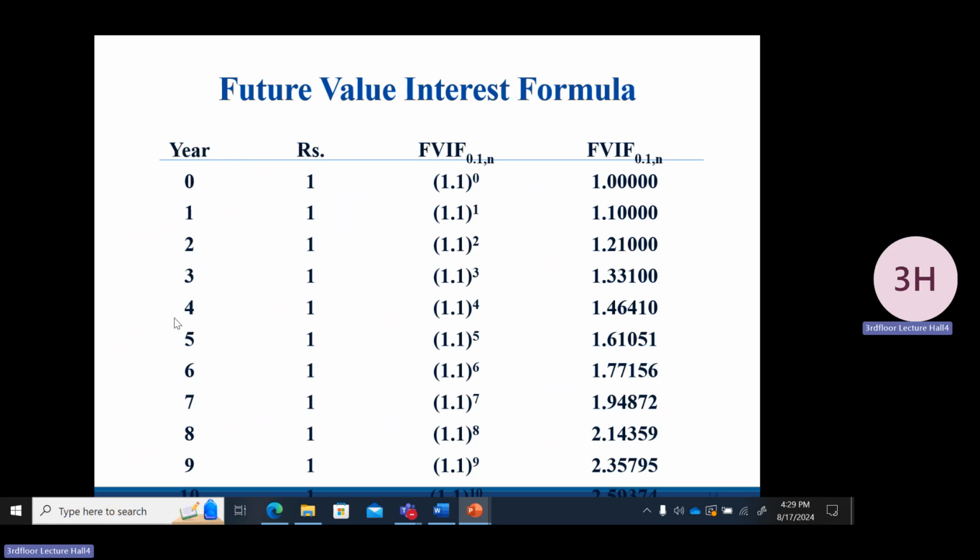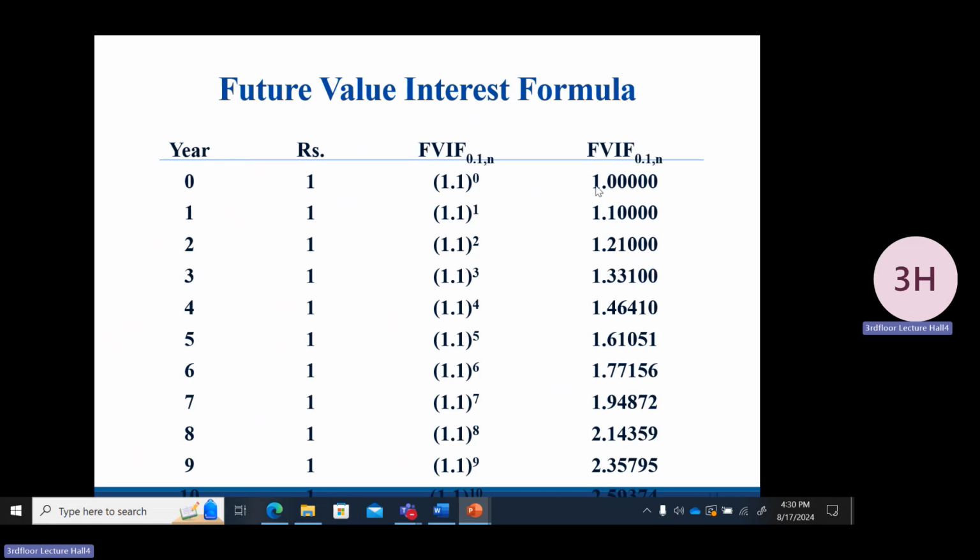Right. Now here, this is the factor extracted from the table for 10% for 10 years. So this is the future value interest factor. In Sinhala we call this the future value interest factor, for a single cash flow.